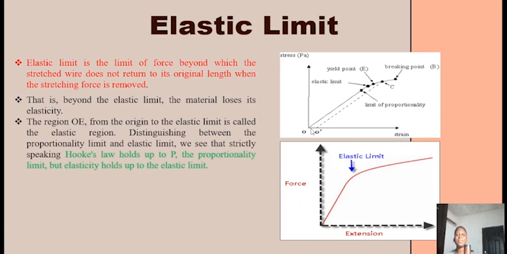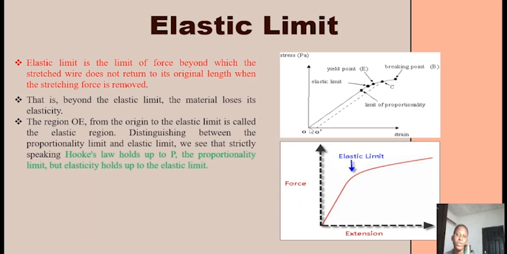So just look at this picture. We have O, we have E. At this point the material might still be a bit elastic, but after this point the material will not return. It might still return a bit, but it will not return to the original shape. But from O to this point, it's still obeying Hooke's law. Force is directly proportional to extension from here to this first dot.